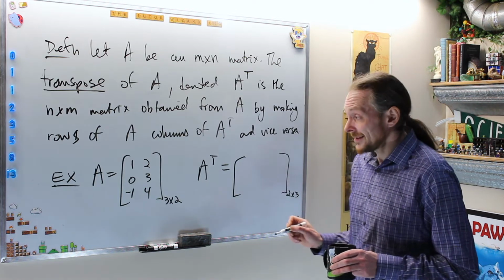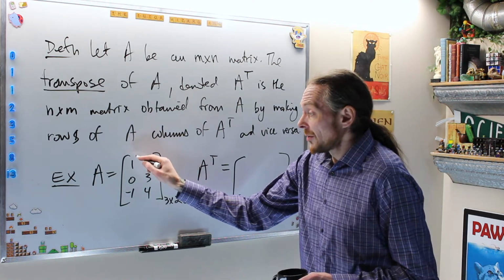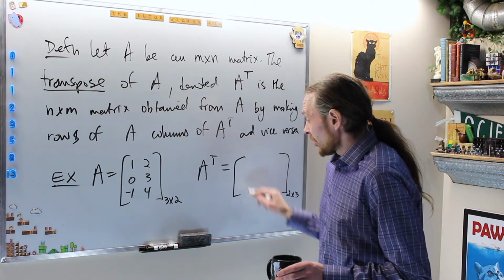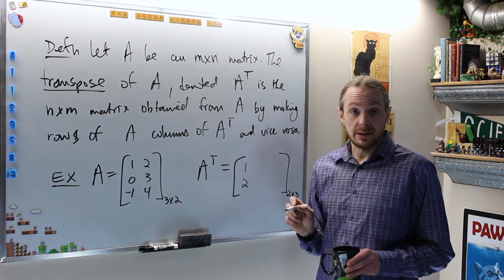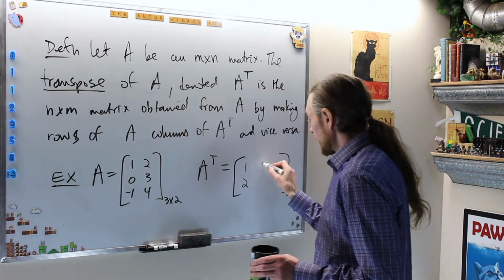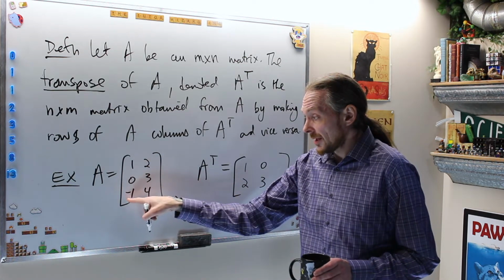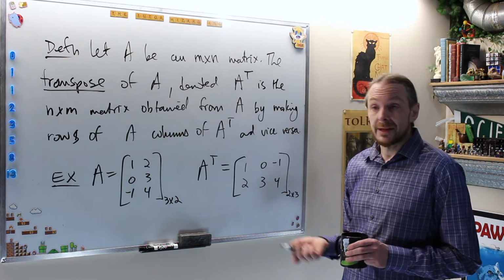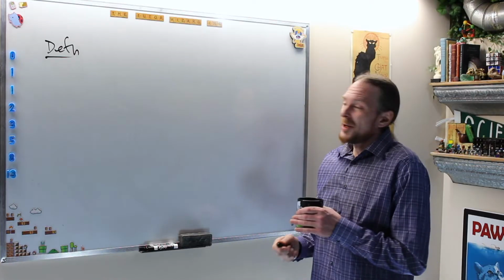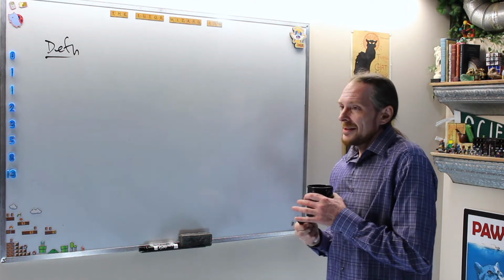How do I get this? I take the rows of A and make them columns of A transpose. So the first row is 1, 2, so I make that the column 1, 2. The second row is 0, 3, so I make that the second column of A transpose, and negative 1, 4 is this column. This is the transpose.